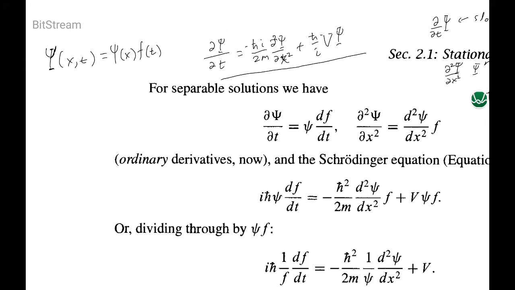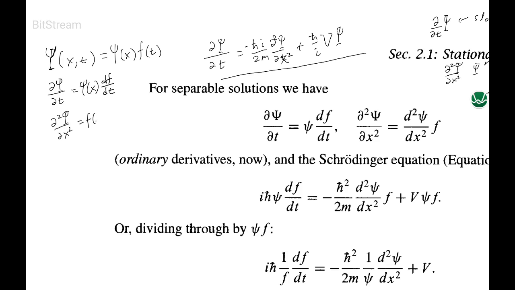Since these are separable, when I take the slope of this, this is just a constant with respect to t. So this does not change with respect to t. But this one does. Same thing happens when I take the second derivative with respect to x.